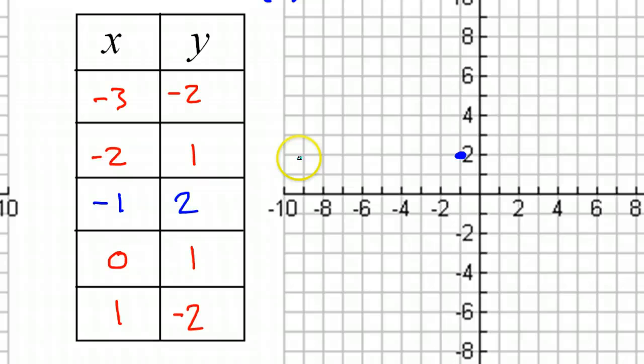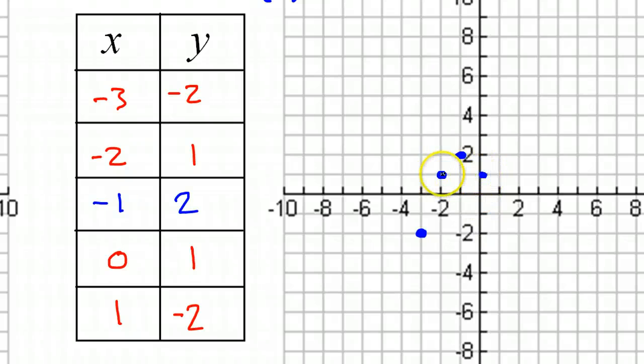So let's go ahead and graph this. Let's see, negative 3, negative 2. So here's, hold on, negative 3, negative 2 will be right here. Negative 2, 1. And because of symmetry, we know we're going to have 0, 1.